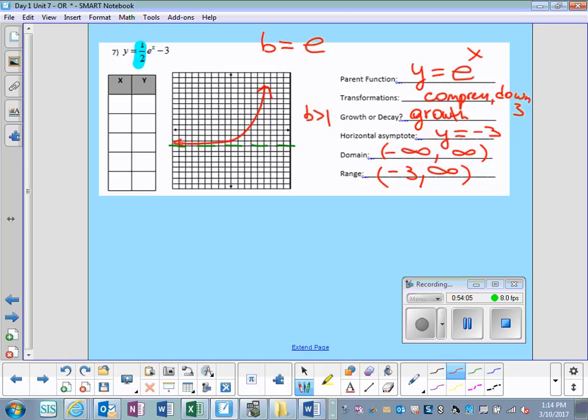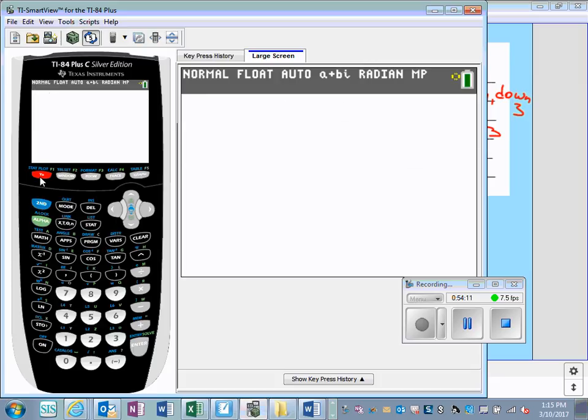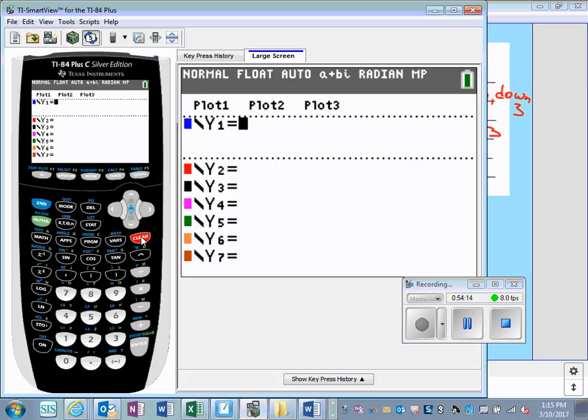Let's do this. Okay, so I go to y equals again. And then I enter, remember, fractions in parentheses. So 1 divided by 2, and then e to the power of x, and then minus 3.